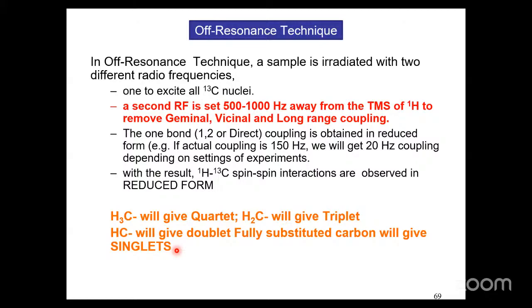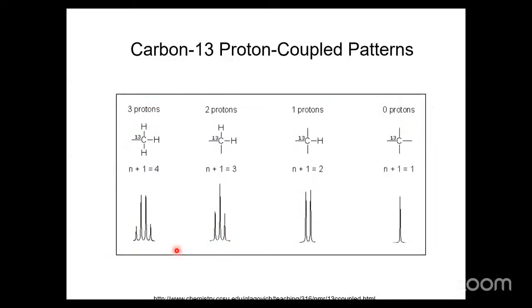But this off resonance technique will take a little more time. So these are the number of carbons, number of signals that we get from the off resonance technique. Methyl carbon quartet.